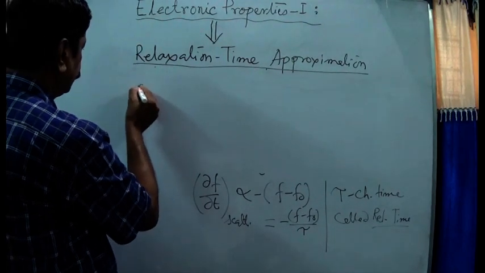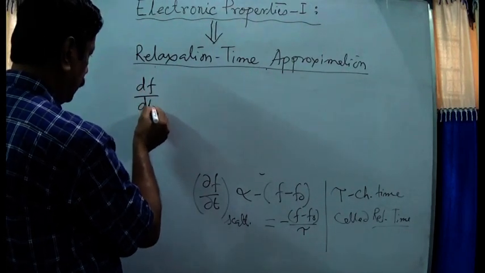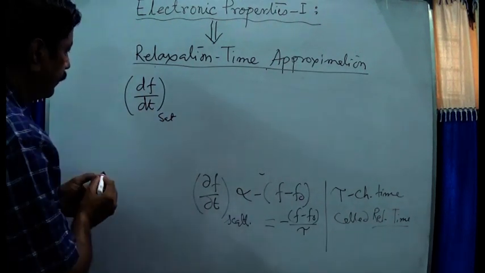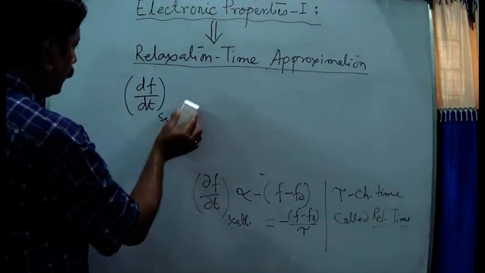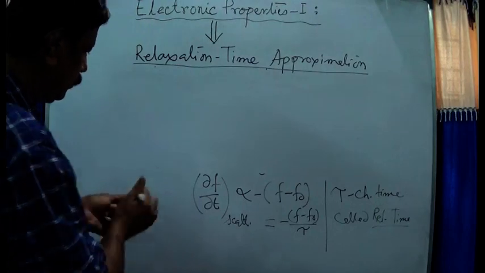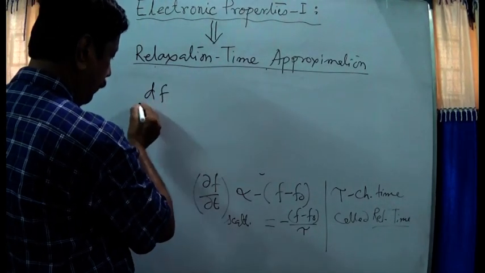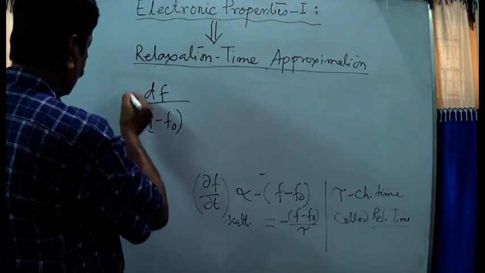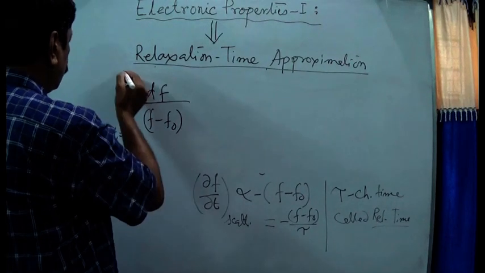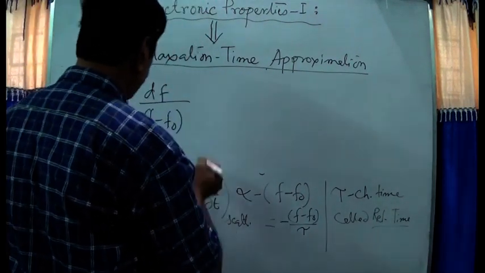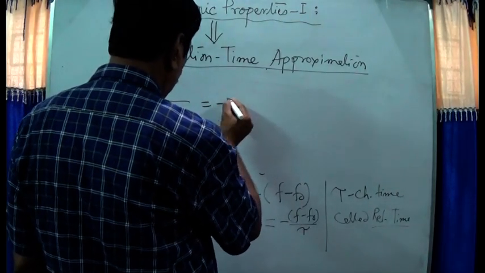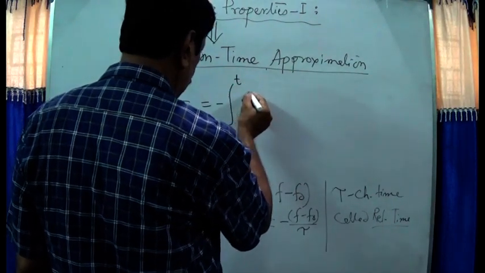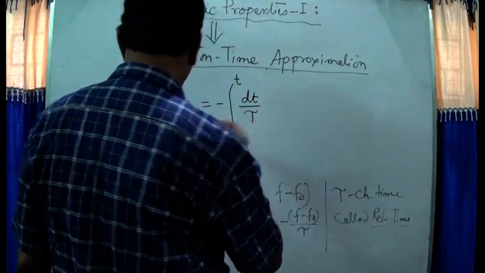So, integrating the term in this way, that is df divided by f minus f0, I will limit at t equal to 0 to t, as it is minus integral 0 to t dt by tau.